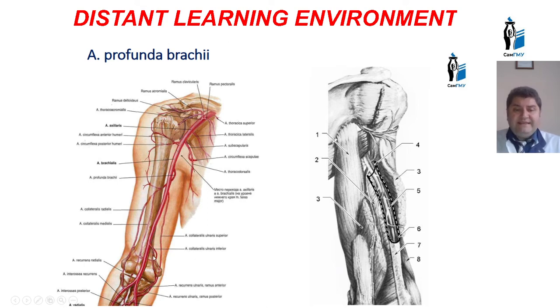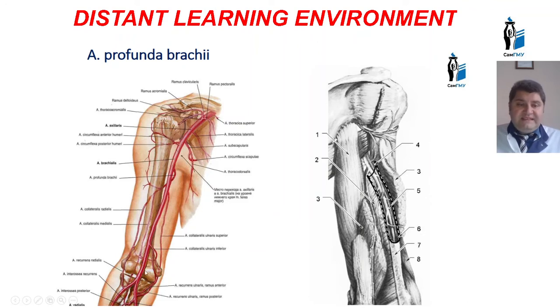All these arteries, arteria collateralis ulnaris inferior, arteria collateralis ulnaris superior, arteria collateralis radialis, arteria collateralis medialis, all these four arteries take part in formation of the cubital arterial network.